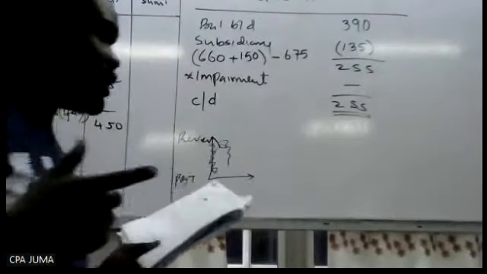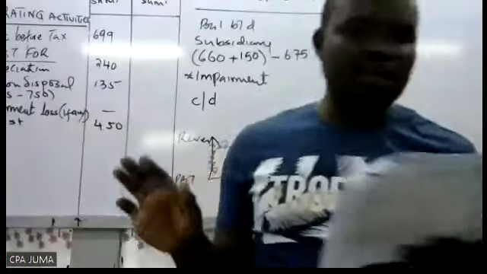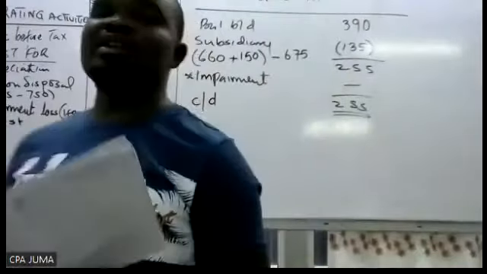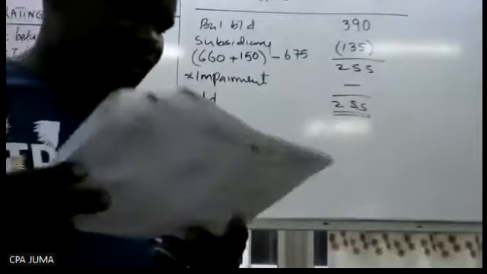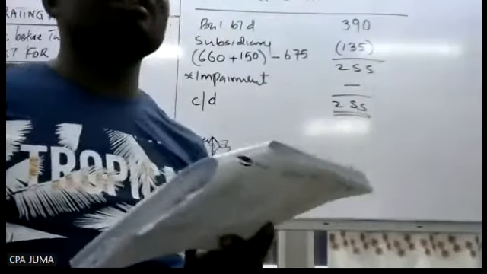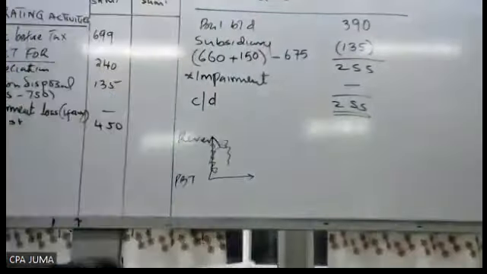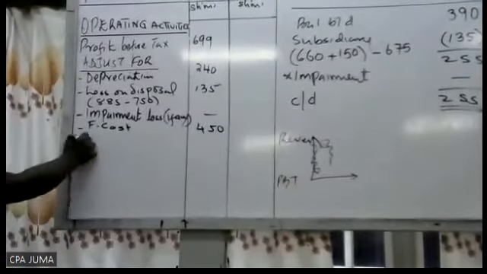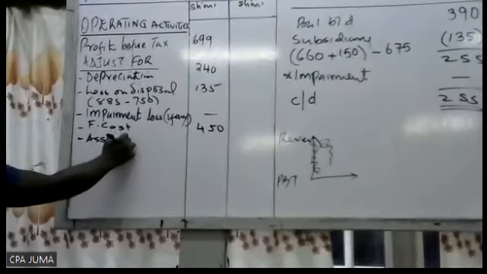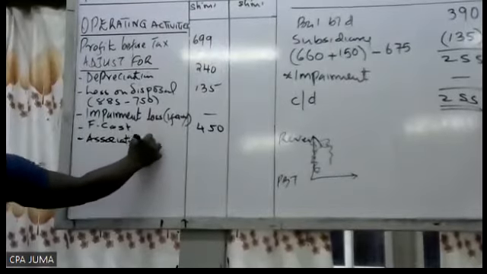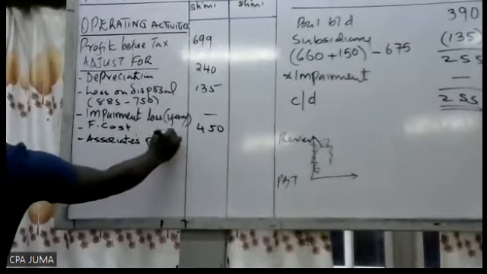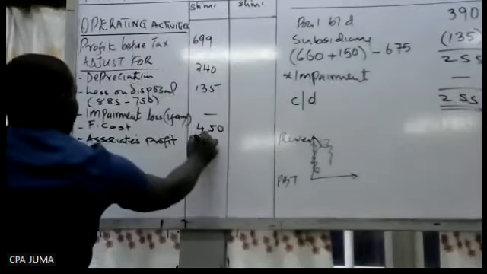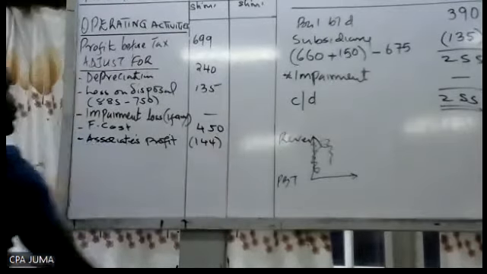Next, climbing up, administrative expense, that is okay. Distribution is an operating expense, that is fine. Next, share of profit after tax in associate, that is not an operating income. You subtract. So associate's profit, how much is this? 144, you less.